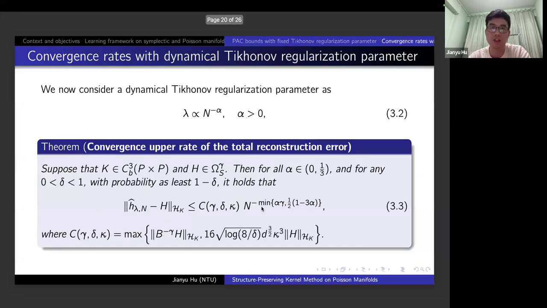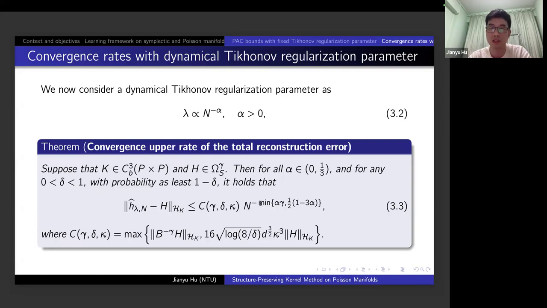So to address this, we consider a dynamical regularization parameter. In this case, the regularization parameter is dependent on the sample size with the parameter alpha. Under the same conditions, we obtain that for any alpha in the interval (0, 1/3), the total error will tend to 0 as the sample size tends to infinity.